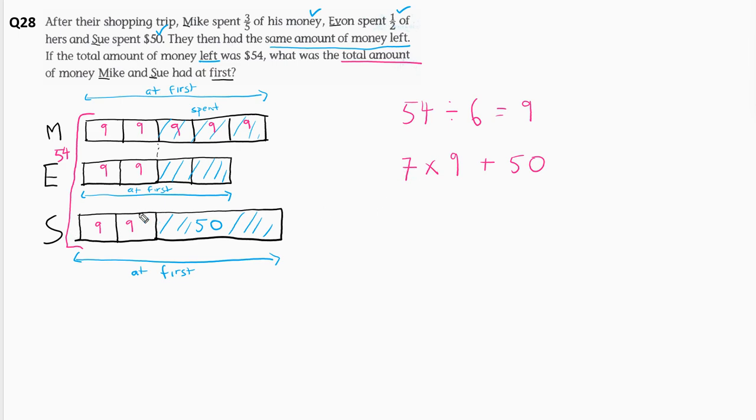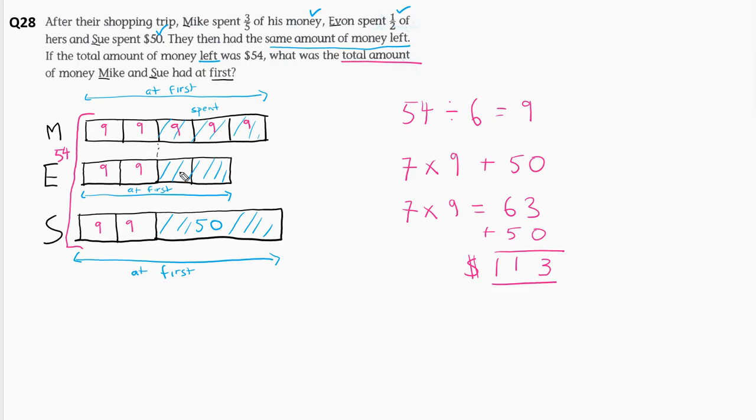What is 7 times 9? That gives me 63. Then I just add my $50, which gives me 113. So in total, Mike and Sue had $113 at first.